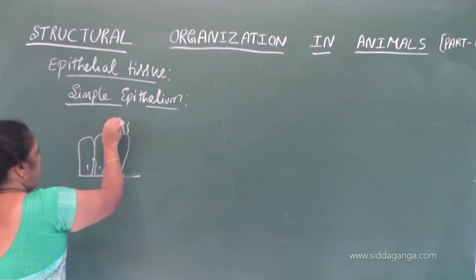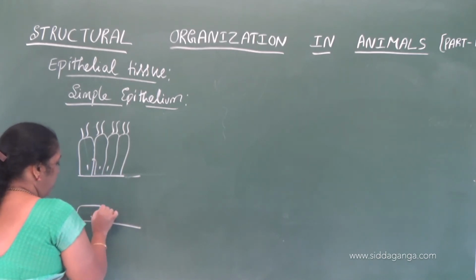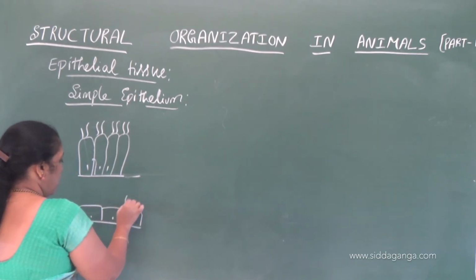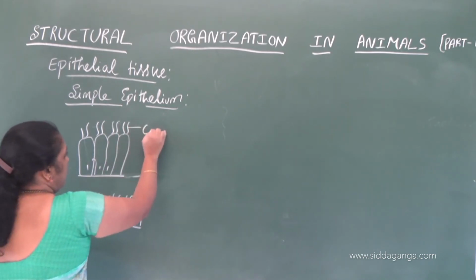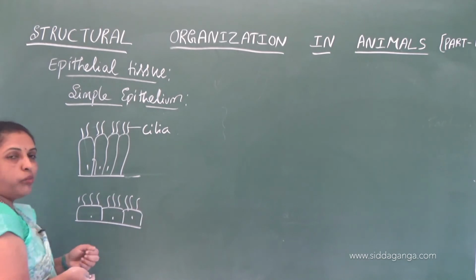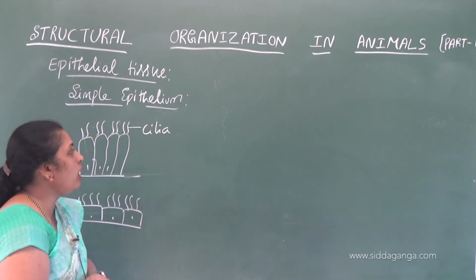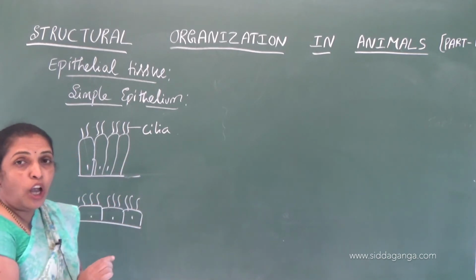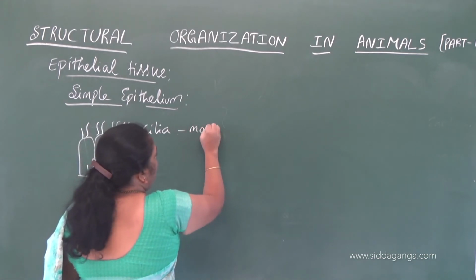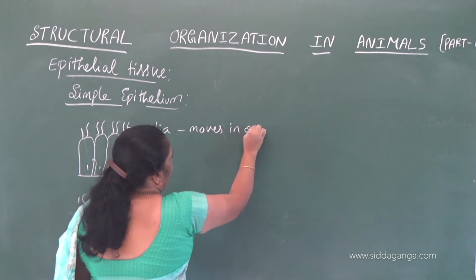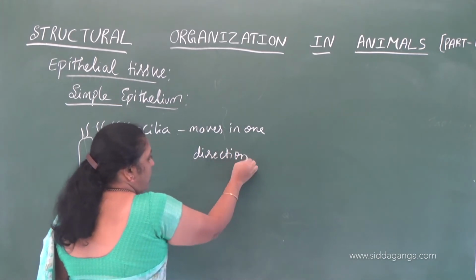If they have hair-like structures, and even on cuboidal epithelium we see this, it is called cilia. Then we have ciliated columnar epithelium and ciliated cuboidal epithelium. So, this cilia always moves in one direction.